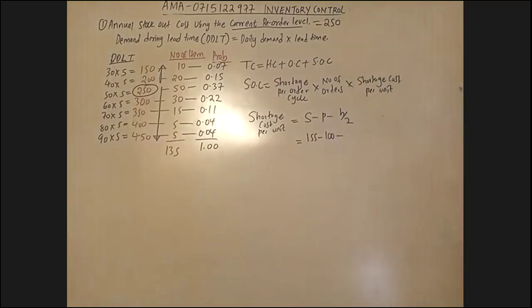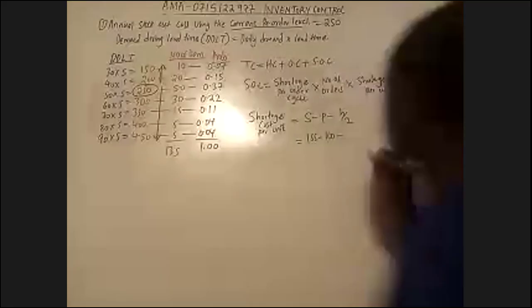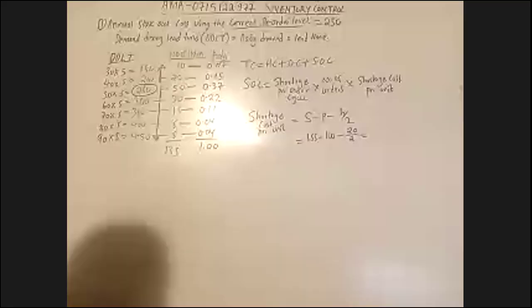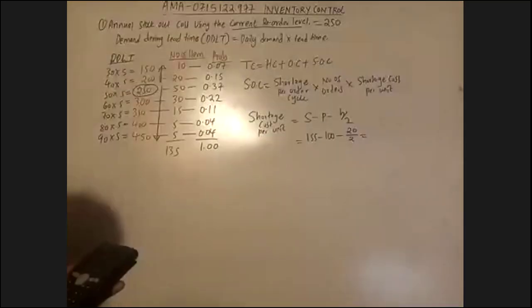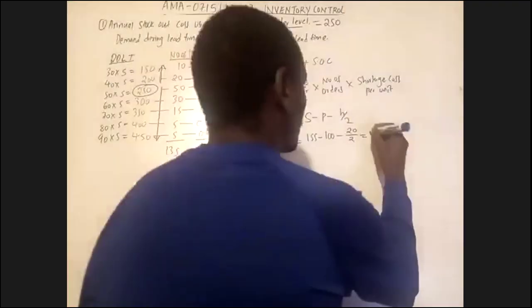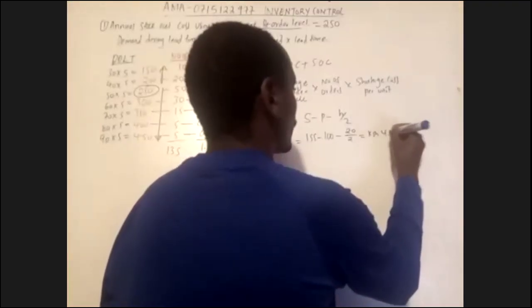Holding cost ni 20, so 20 divided by 2. So how much will be shortage cost per unit? Ni 155 minus 100 minus 10, 45 per unit. Kenya shillings.